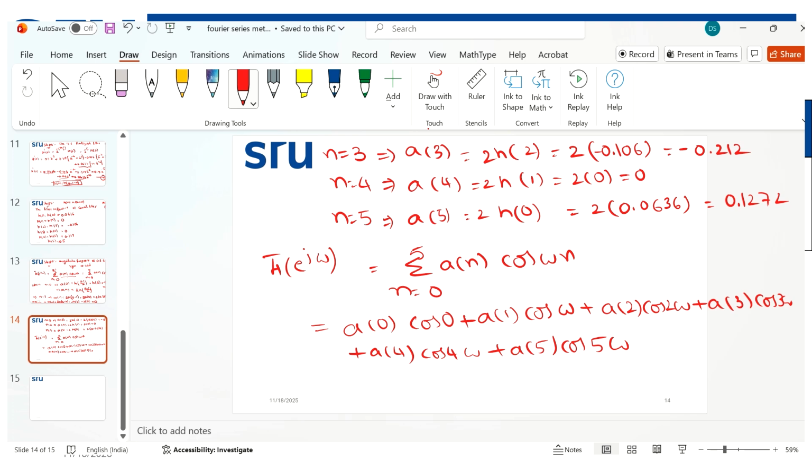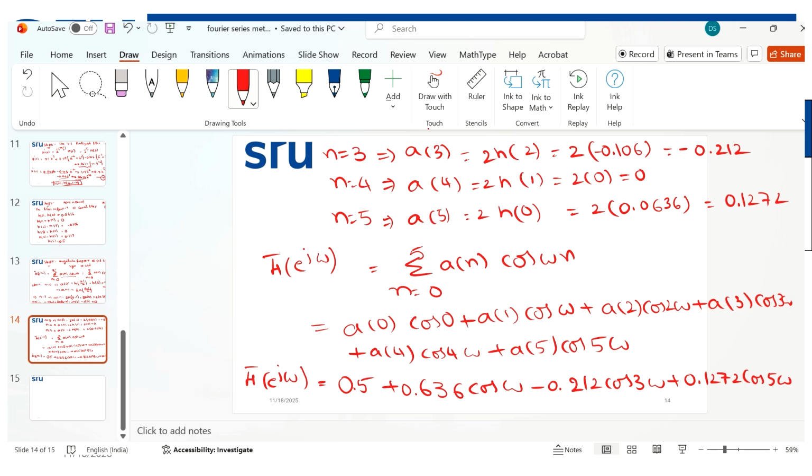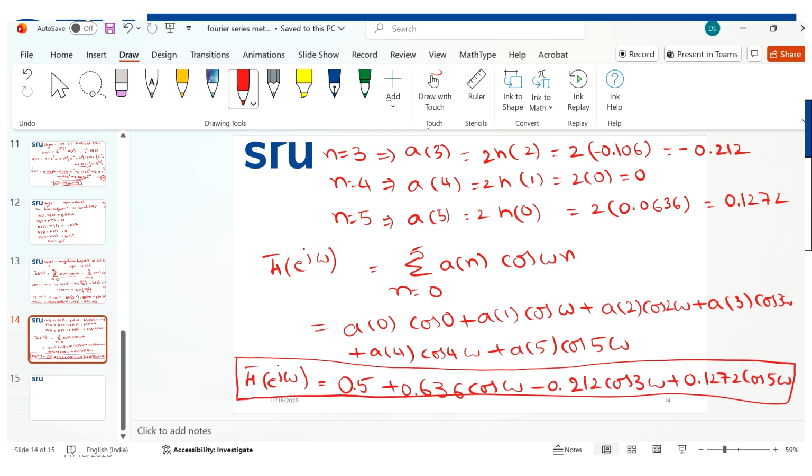Now substitute the a of 0 value, a of 1 value in the above expression. We will have a of 0 value 0.5 plus 0.3636 cos omega minus 0.212 cos 3 omega plus 0.1272 cos 5 omega. This is our final magnitude response, it is the frequency response of the FIR filter.